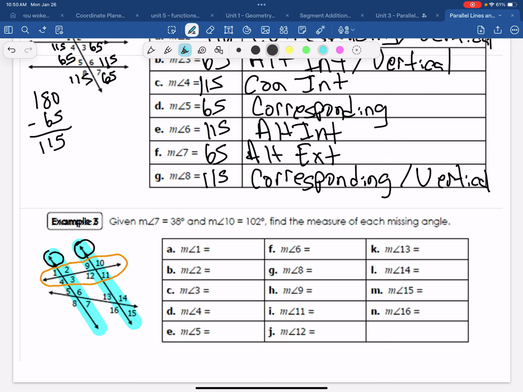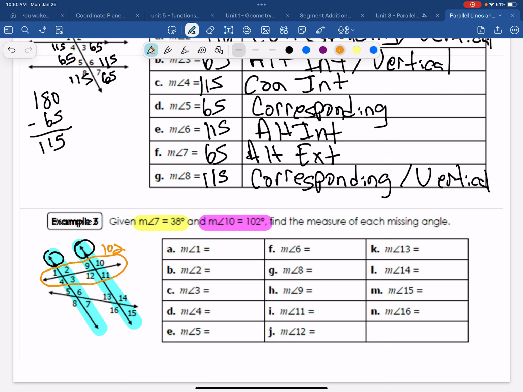All right, so we've been told that angle 7 is 38 and angle 10 is 102. The transversal that I am focusing on contains 10, so I'm going to write 102. And then I just go back through like I did before.